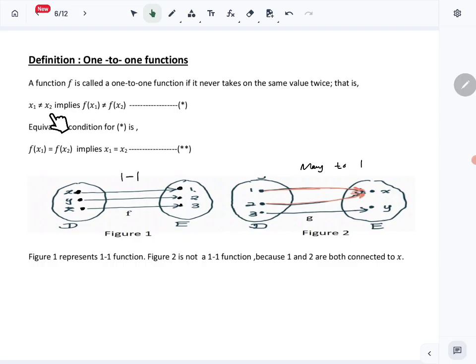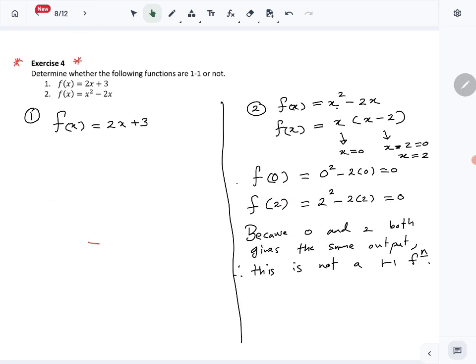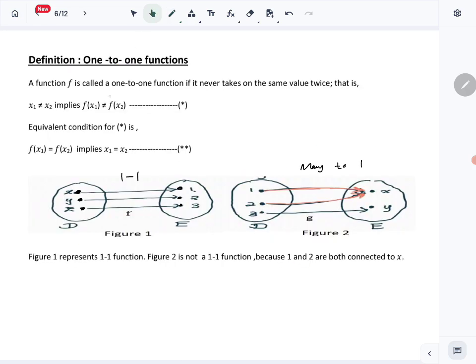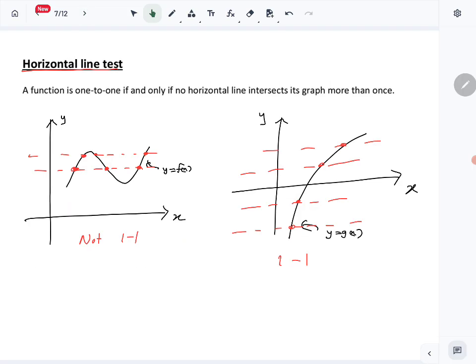So I'm going to use this condition first: x1 is not equal to x2. So method 1, I will use the star condition. I will start with x1 not equal to x2. Starting from this, I have to show f of x1 is not equal to f of x2. Then it is one-to-one.